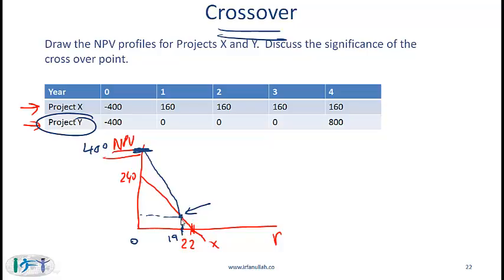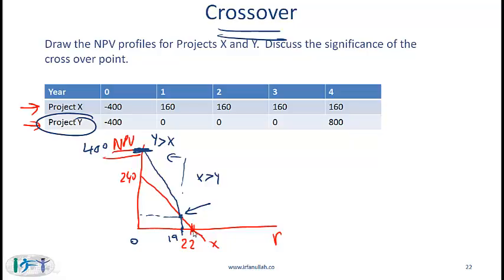If the discount rate is less than the rate associated with the crossover point, so to the left of the crossover point, then the blue project or project Y is better than project X. And to the right of the crossover point, according to the NPV rule, then the red project or project X is better than Y. According to the IRR rule, project X or the red project is always better.